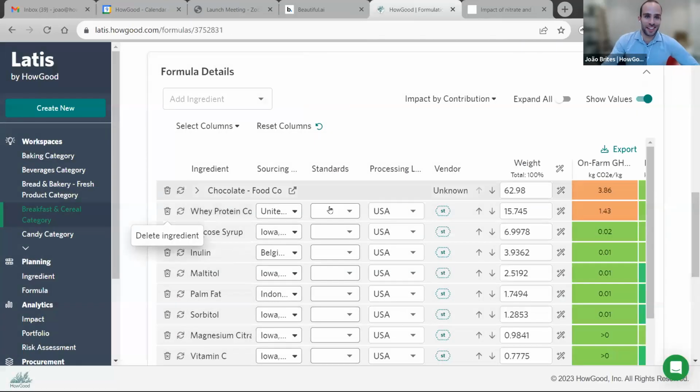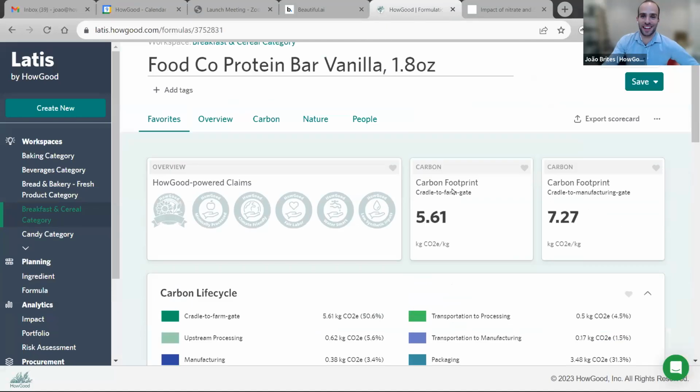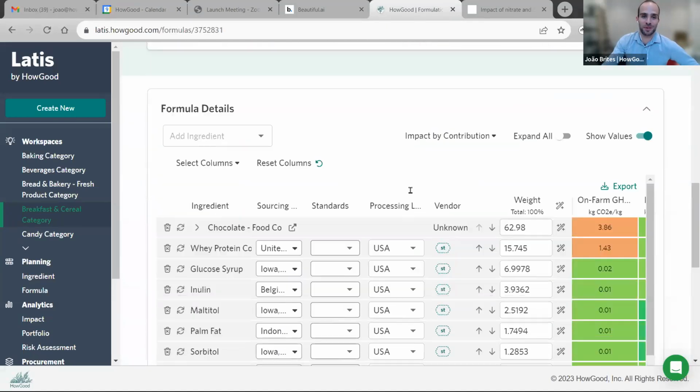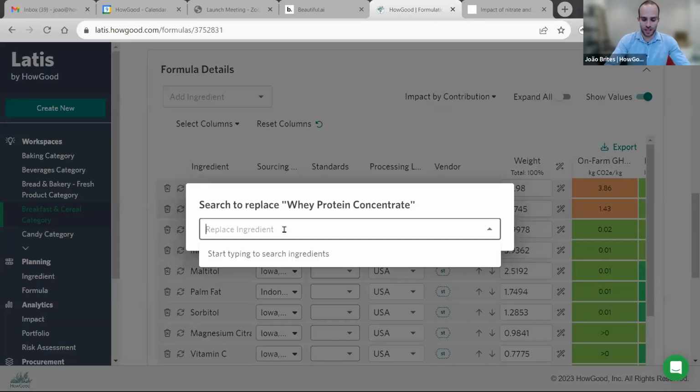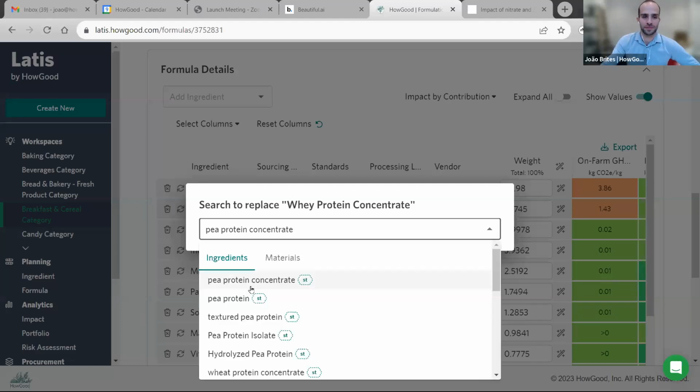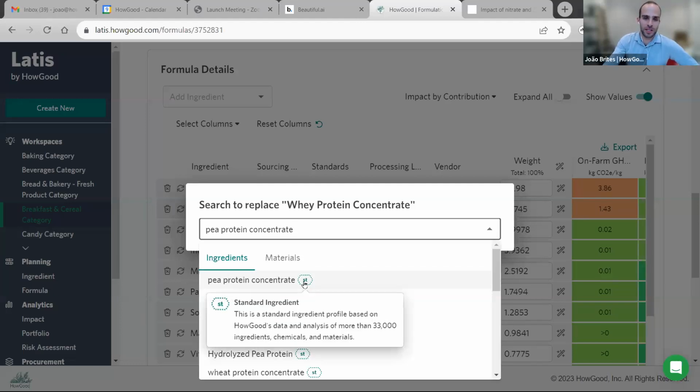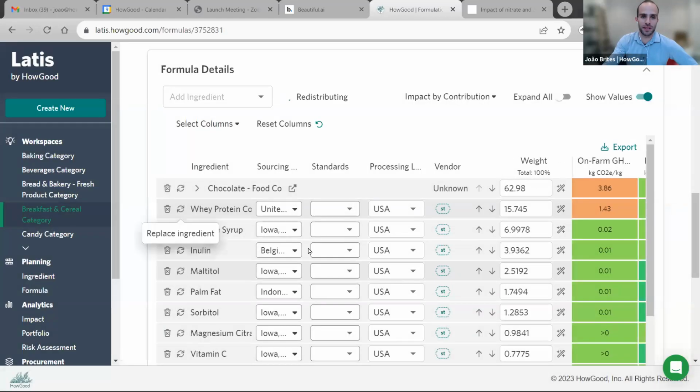Now, Ingredion is a plant-based ingredient company. And so let's suppose that instead of the whey protein concentrate, what happens if we replace it by a pea protein concentrate? So in the HowGood system, you can make these changes. In this case, I'm replacing it by a standard ingredient.